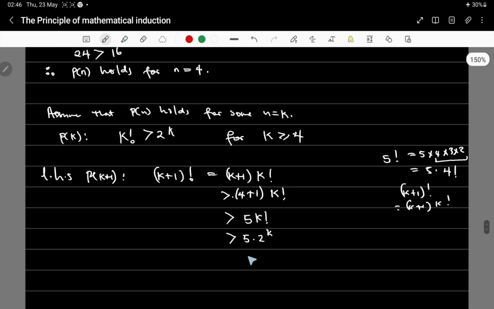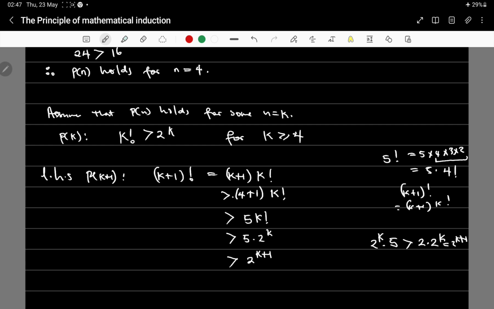And as a result, since we know that 5 is always greater than 2, if we multiply both sides by 2 to the k, we just get that this one is greater than 2 times 2 to the k, which is 2 to the k plus 1.